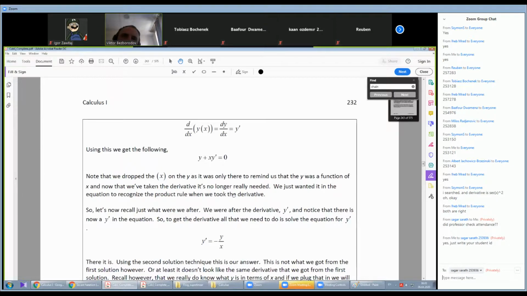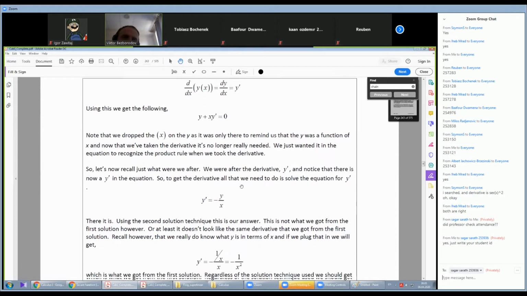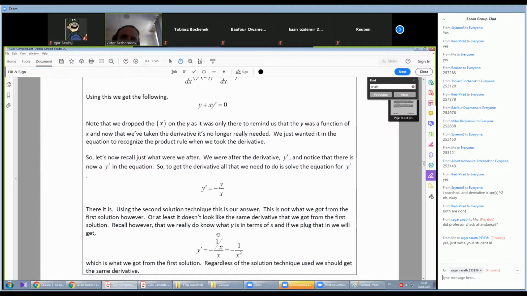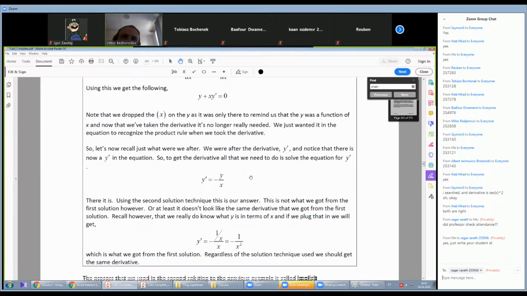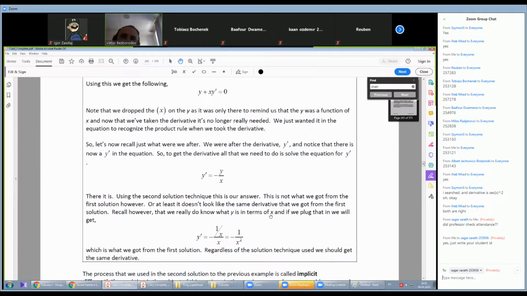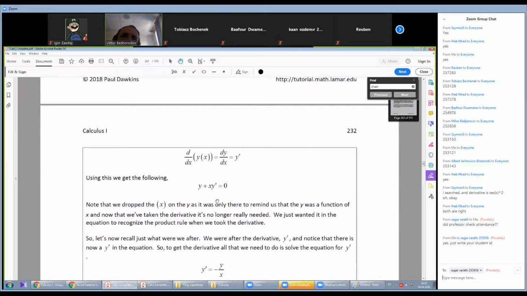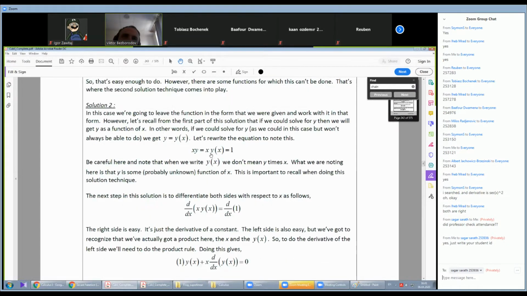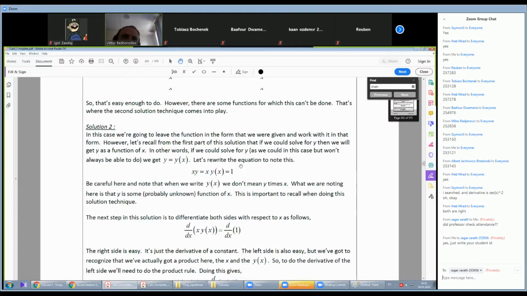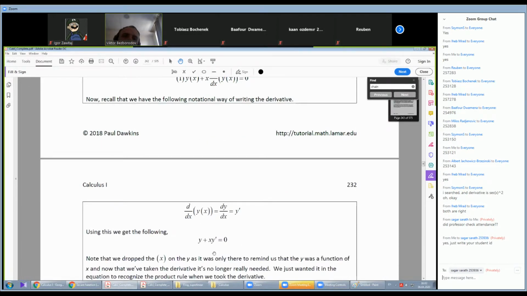Of course, in this case we can also solve it, and if you substitute y equals 1 over x, it gives you the same answer. But sometimes you cannot solve this equation. If the initial relation between x and y is more complicated than this, then sometimes you cannot solve it, and this is how you leave it.